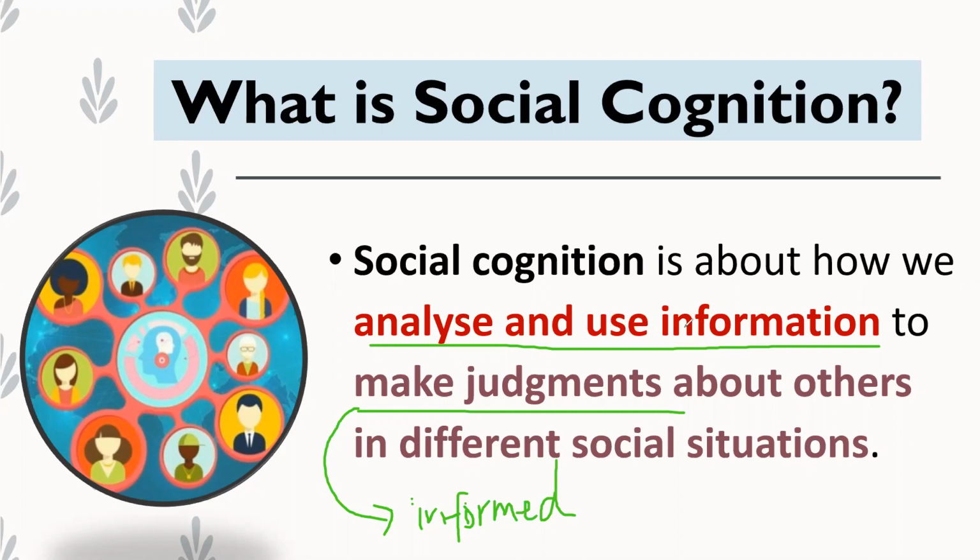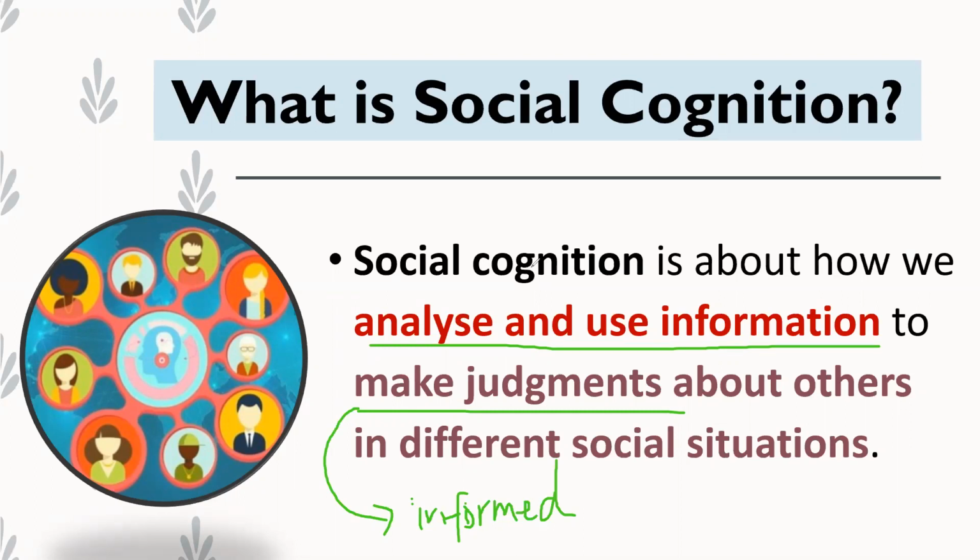Then you could use that information to make an informed judgment about this person being a little bit ignorant of your friendship, or maybe being a bit neglectful with reference to your friendship and that social connection you have. Okay, so social cognition is just 2 things.